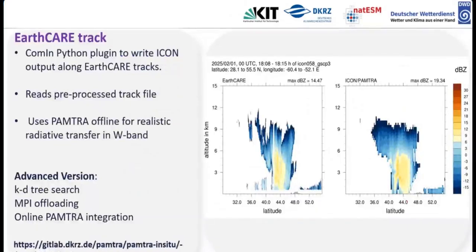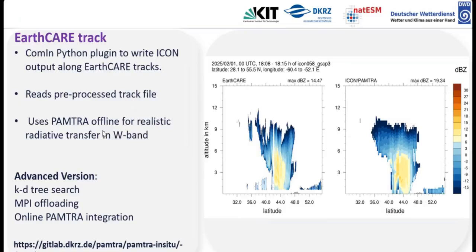The last application I want to introduce is a Python plugin, again, that extracts the ICON grid along the satellite overpass at different times. In this case, it's the EarthCARE tracks. EarthCARE carries active instruments and has information on the vertical profile of the atmosphere. In this plugin, you can read in a track file, and at each time step you say, okay, this grid point is now in the satellite track, and you extract the vertical profile and write it into an output.